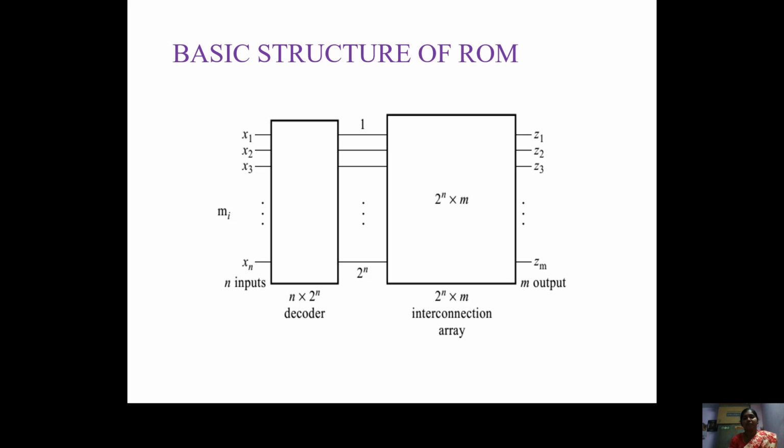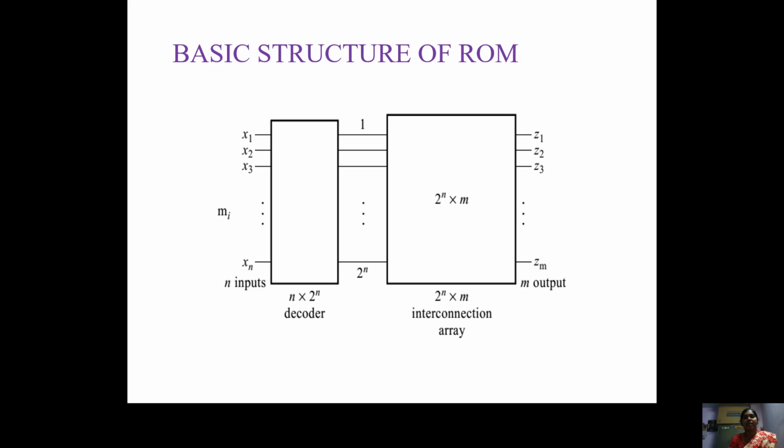So for selecting 2 power n values from the ROM, at the m output lines, we require a decoder to select 2 power n, or to access 2 power n address locations. So here we have a decoder of n by 2 power n size.